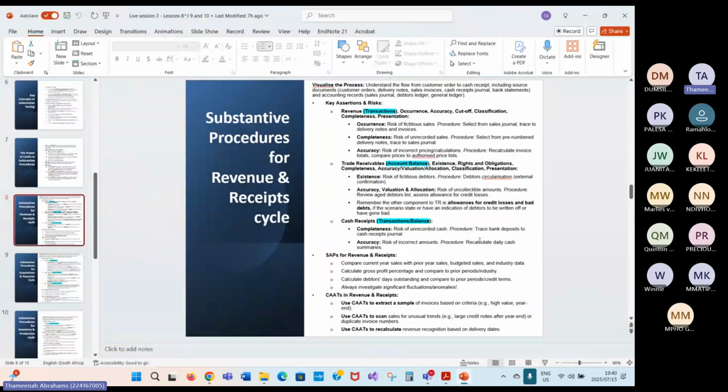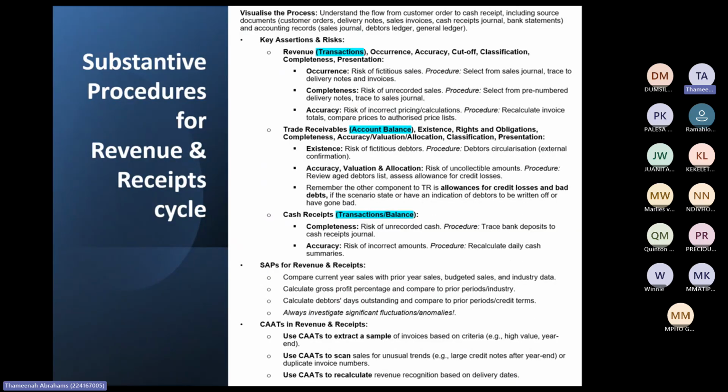for now we're going to go into the cycles, right? So it's always good to visualize the cycle or to visualize your scenario. So if you read the scenario, see where we are in this process. Are we at the customer order, the beginning process where the customer is busy ordering? Are we at the picking of the goods?